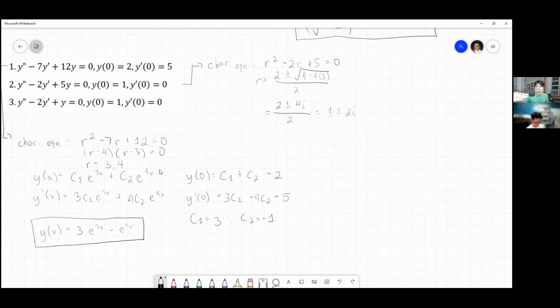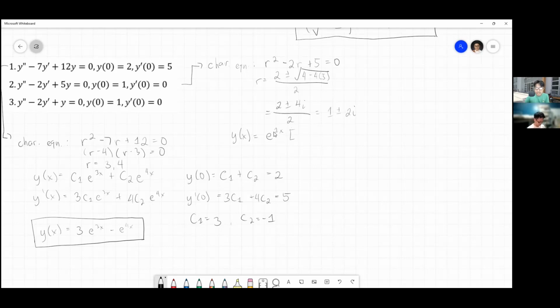Okay? So ang magiging form ng solution natin would be may exponential dito. Exponential, and then dito nakakabit yung ating real part. So, e to the 1x, tapos meron tayo nakamultiply na cosine tsaka sine.